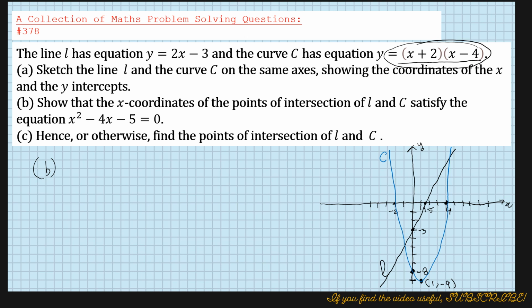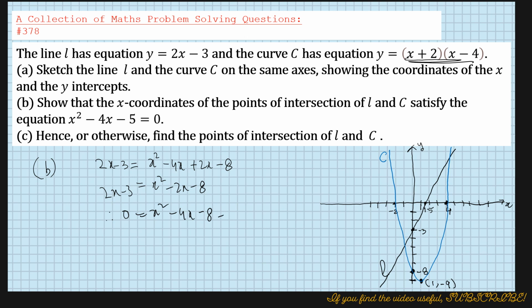intersection. So to find that, you'd have to write 2x minus 3 equals, you have to remove the brackets for this one, and that would be again x square minus 4x plus 2x minus 8, and that is x square minus 2x minus 8, 2x minus 3, and therefore you can say 0 equals x square minus 2x, so minus 4x minus 8 plus 3, or therefore x square minus 4x minus 5 equals 0.